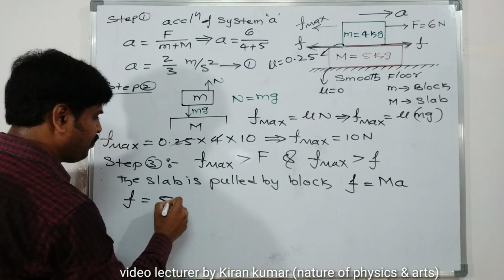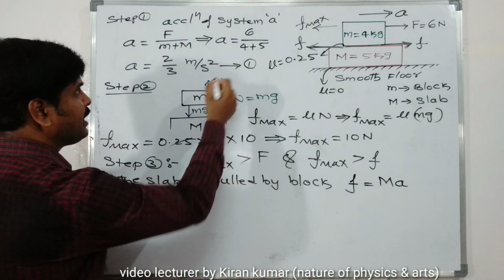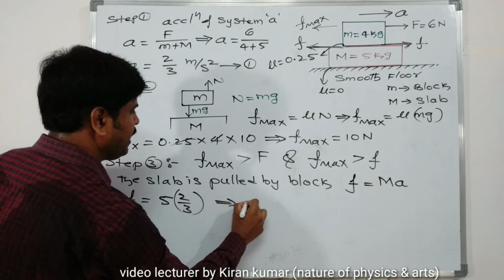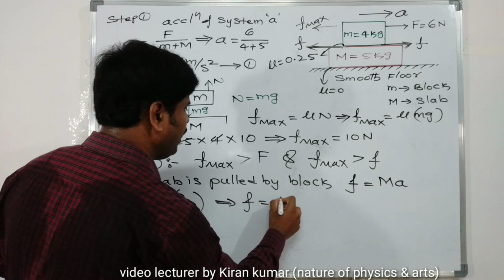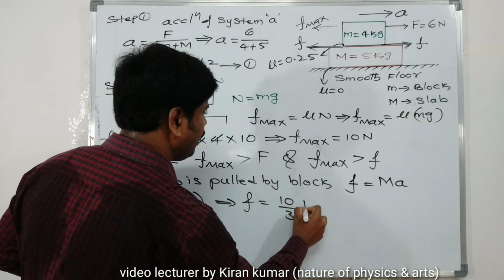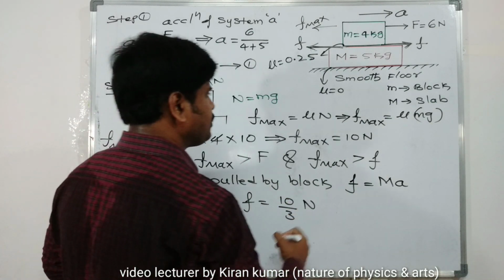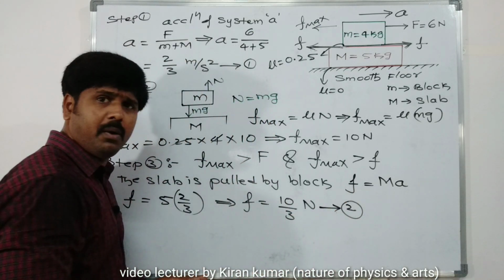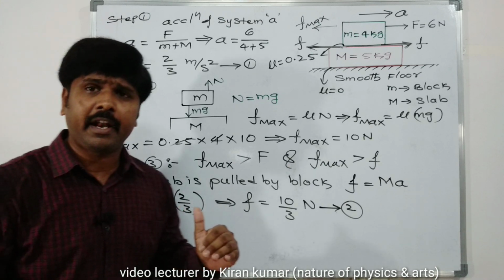So the mass into the acceleration value, that is 2 divided by 3. We got F equal to 10 divided by 3 Newton. This is taken as equation number 2. Why are we considering maximum friction?